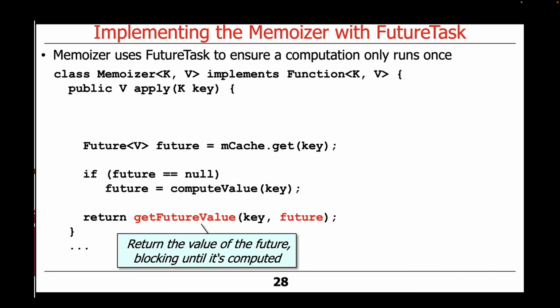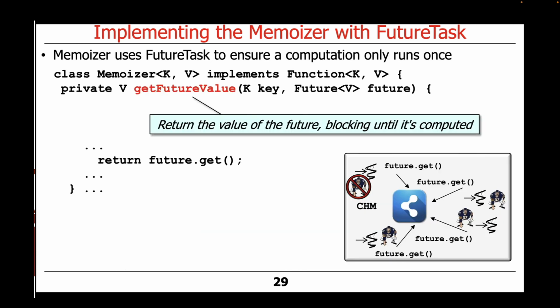So now what happens is we called get here, future was null, we call ComputeValue, we get back a future, and then we call GetFutureValue. We'll see what that code does in a second. But what that's going to do is get the value of the future, blocking until it's computed. So the first thread in won't block, but all the other threads will block until the first thread finishes running the long-running computation to initialize the future.